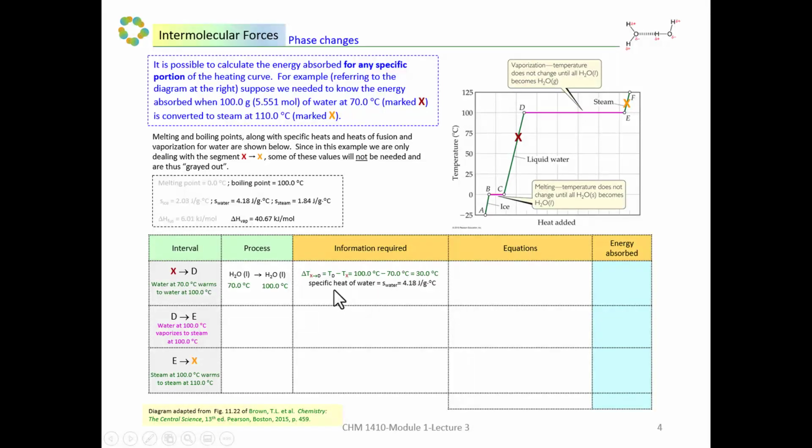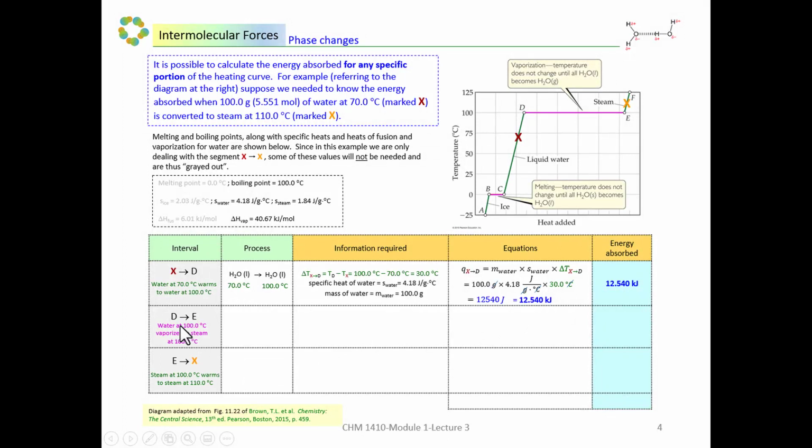We'll use the specific heat of water here, and of course the mass of water, and we'll calculate the heat required to go from X to D: the mass of the water times the specific heat of water times the change in temperature. Units cancel here, and in this example we're explicitly showing the cancellation of the units, leaving joules, which we can convert to kilojoules, and we'll put in this column right here.